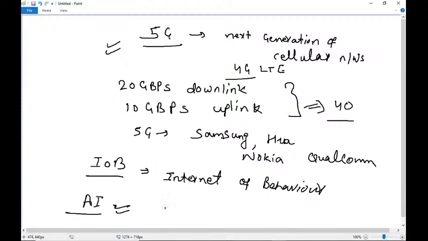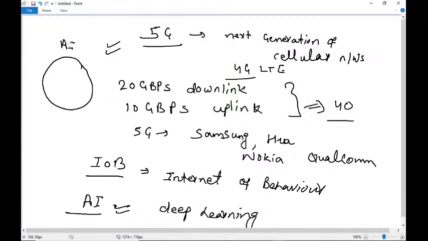So if I talk about the AI, nowadays deep learning is on the top. If you are talking about the AI, it means this is a broader area, and the sub part of AI is ML, and then the sub part of ML is deep learning.